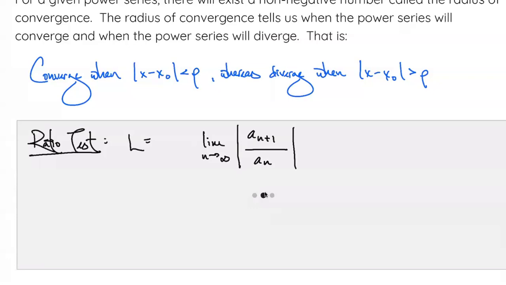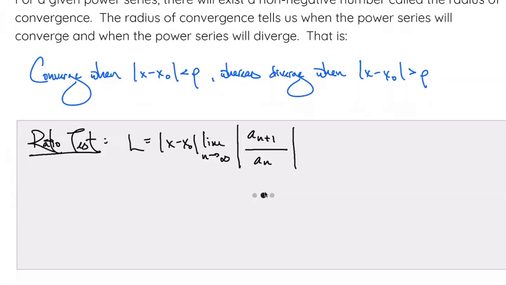And in addition to that, we're going to use this idea of the radius of convergence, like wanting that to be less than a certain value, if we multiply that by our x minus x naught, whatever our center point is. Then the result will be one of three values. These three values will tell us whether or not that series converges or diverges.